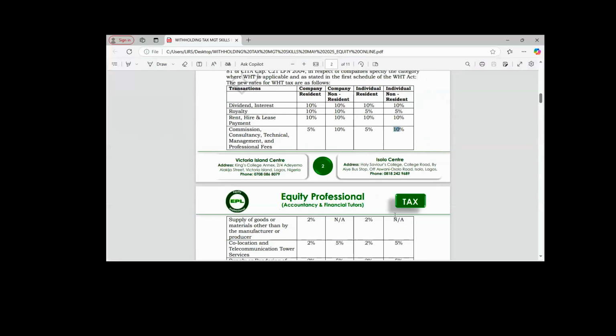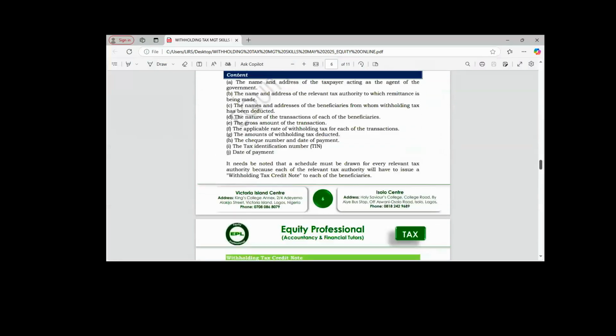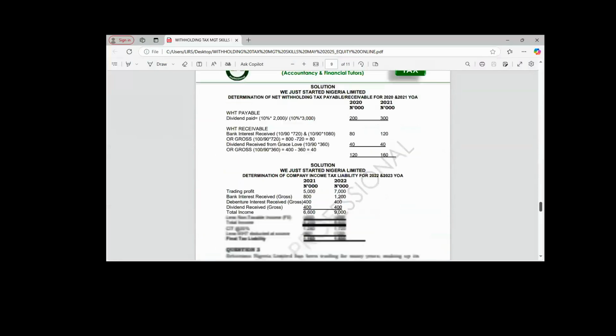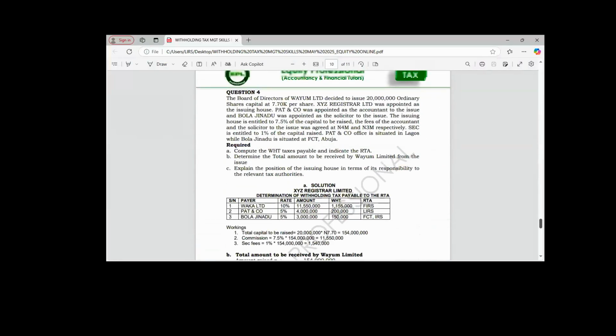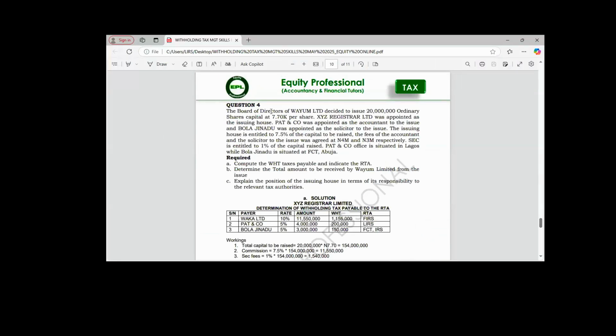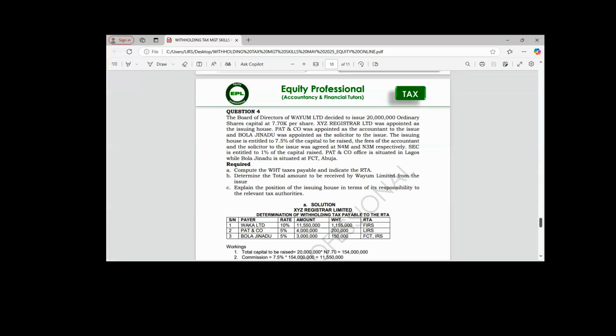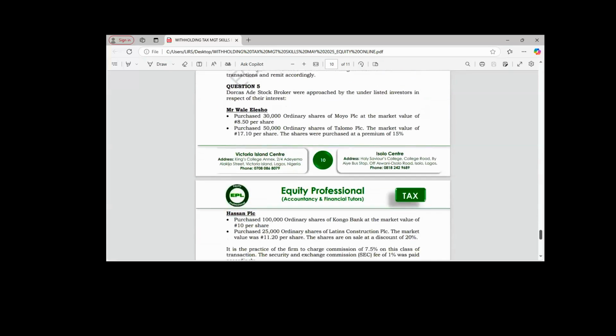So let us now go to this particular scenario. SYZ Registrar Limited, is it a company or an individual? It is a company. So the rate is supposed to be 5%.